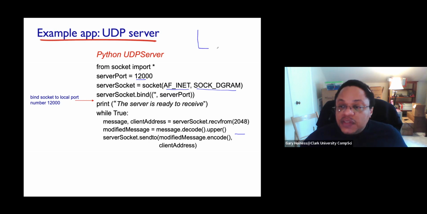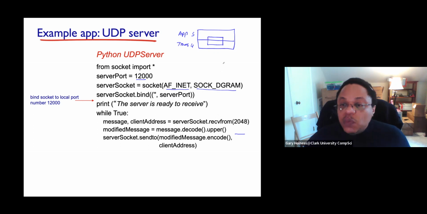If I draw the top two layers, we have the application layer as layer 5 and the transport layer as layer 4. We said the socket straddles the application layer and the transport layer. When you bind and give a port number, you're saying, create the socket.